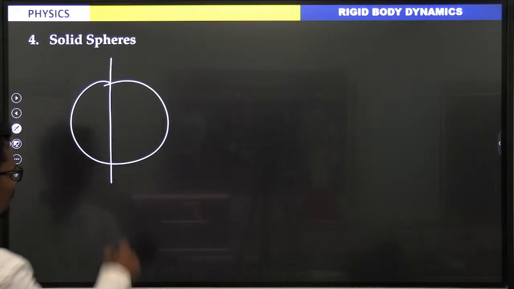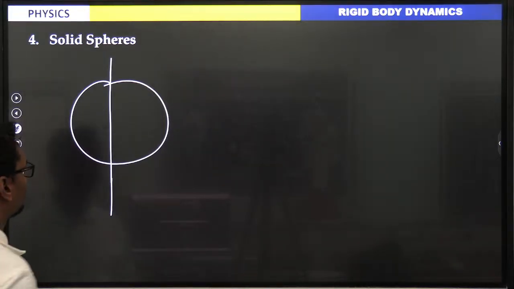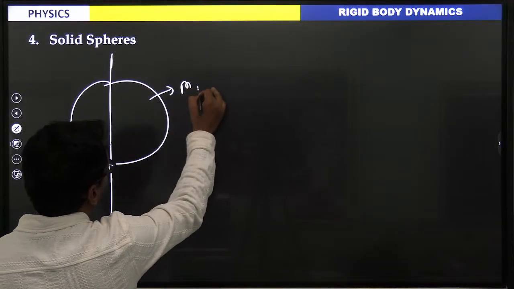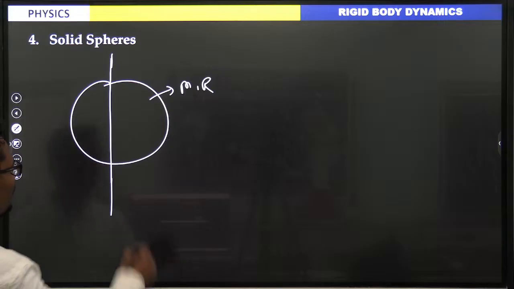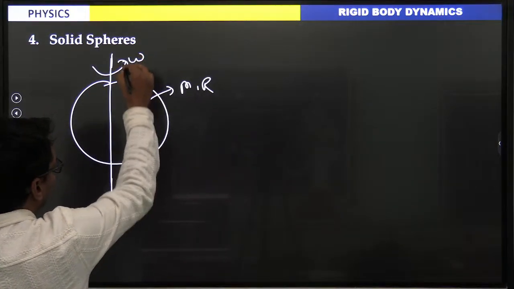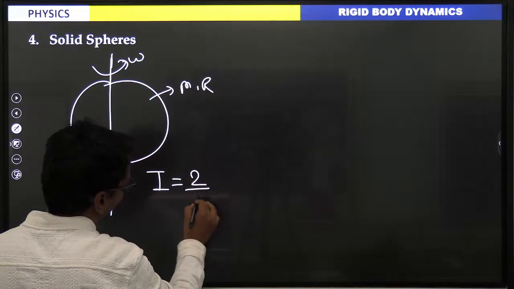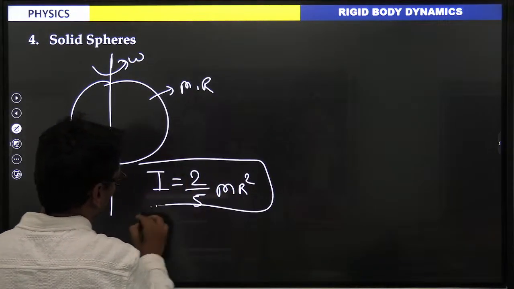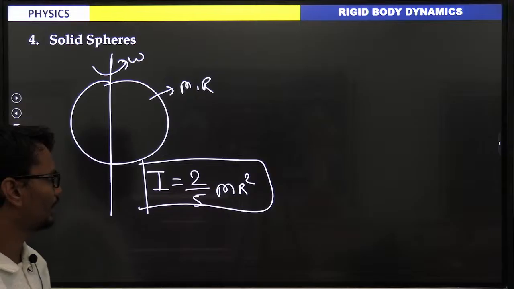If you want to derive it, I can give a brief hint. Look here, this is the solid sphere with mass m and radius r. The moment of inertia about this axis is I equal to 2 by 5 mr square. Clear?